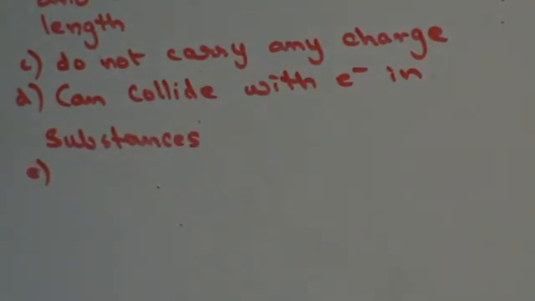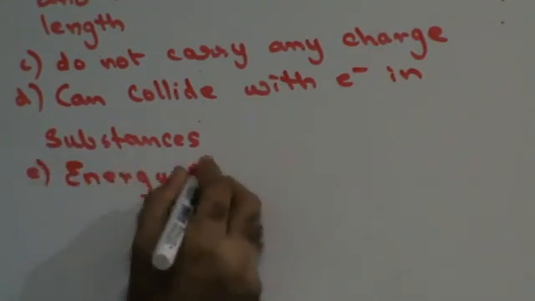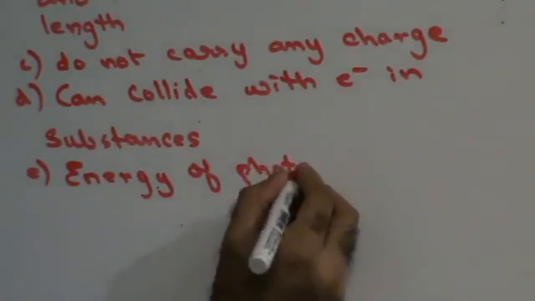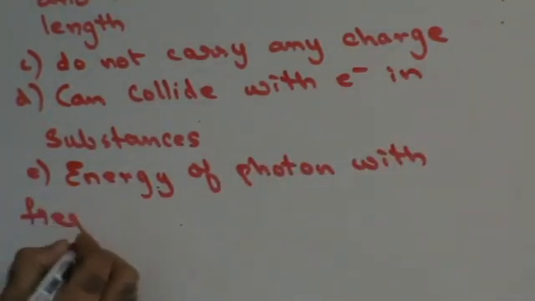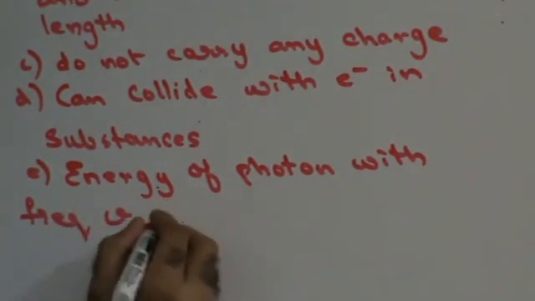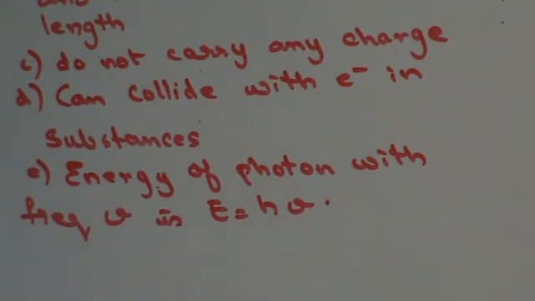Next, the energy of a photon with frequency V is given by E is equal to hV, where h is a constant.